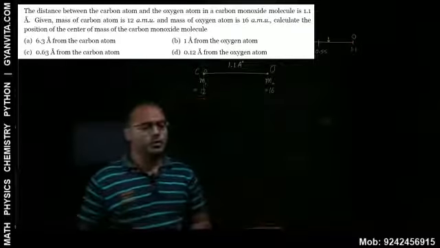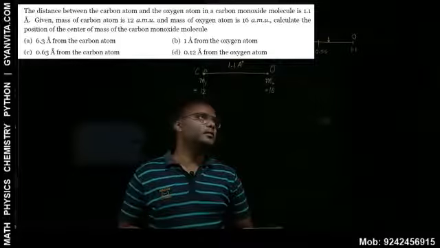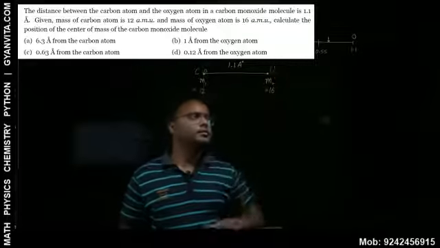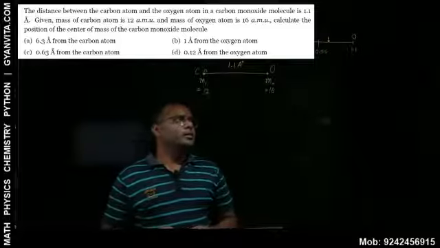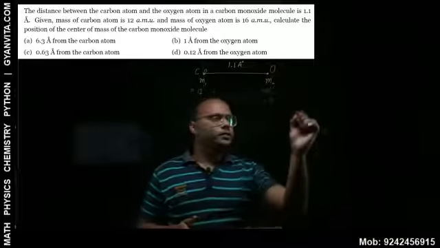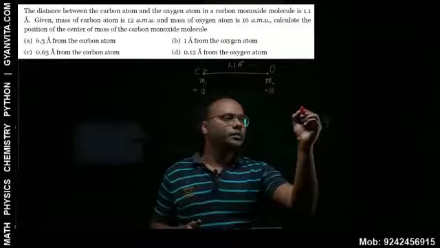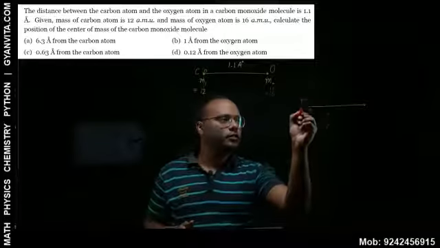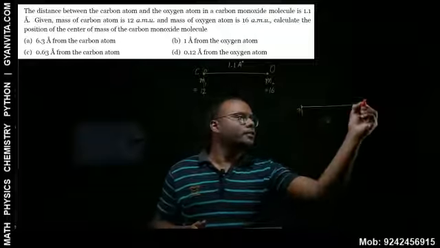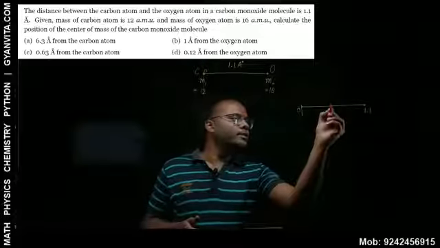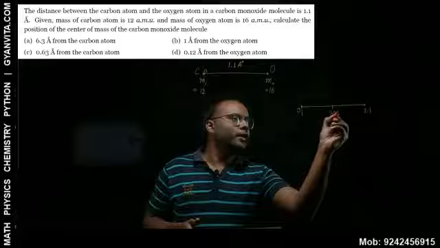You didn't see this part, right? Anyways, basically this is what I was showing. There is this carbon and oxygen. Suppose this point was 0, this point was distance 1.1, and this is the midpoint, which is 0.55.